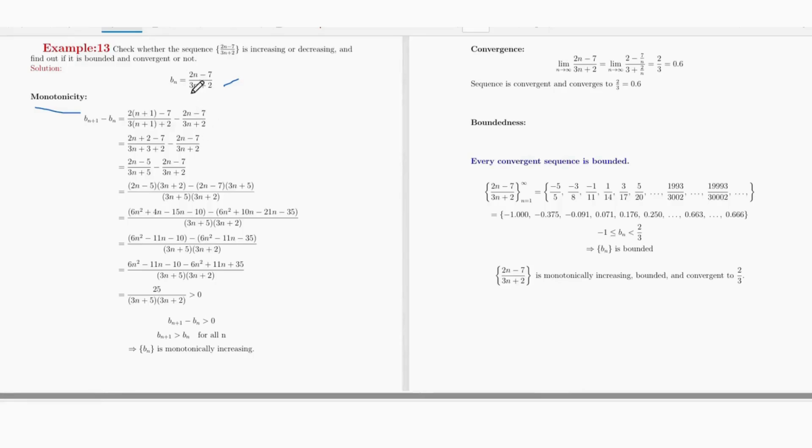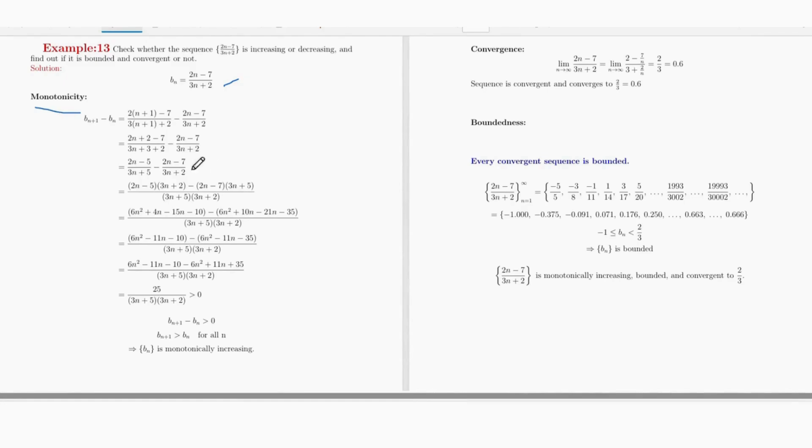Bn plus 1 means here n is replaced by n plus 1. So we get (2(n plus 1) minus 7) upon (3(n plus 1) plus 2) minus the bn term, which we put as it is, (2n minus 7) upon (3n plus 2).